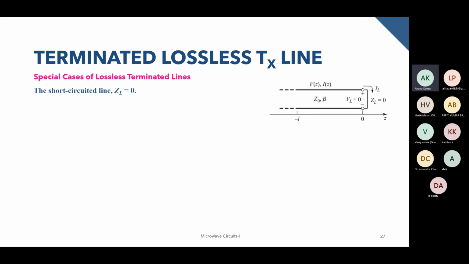When you write tanh, it should be j beta L, and I'll have to look into this, but it should be tanh j beta L, which evaluates to j tan beta L. Yes, tanh gamma L, and in case of lossless, this gamma will become j beta, and then this tanh can be evaluated to j tan.